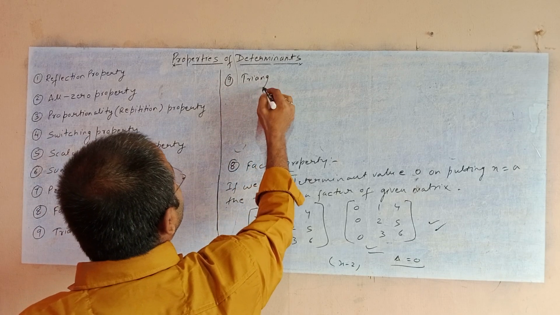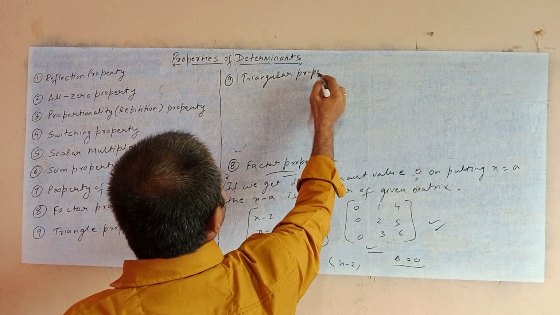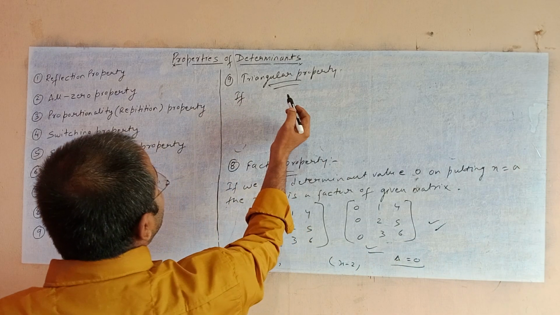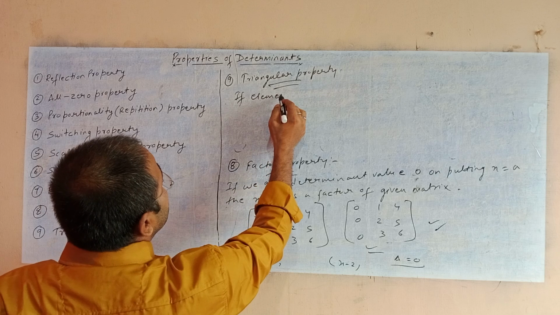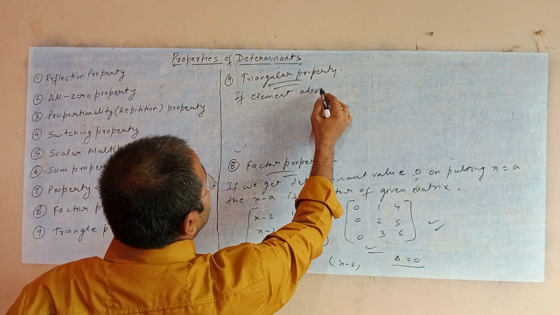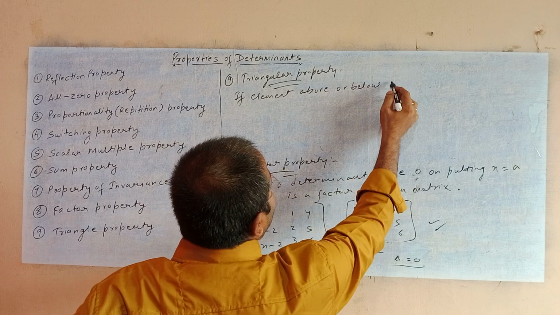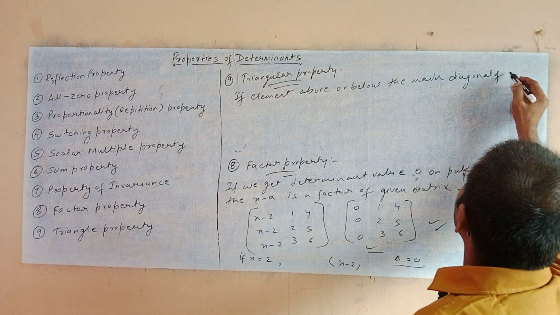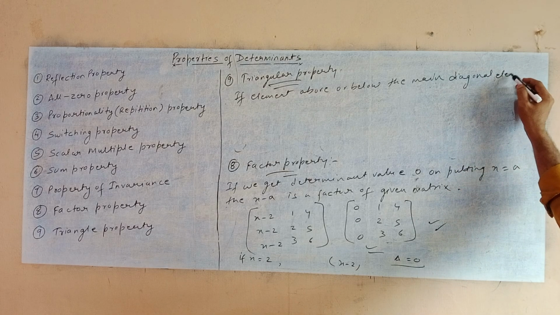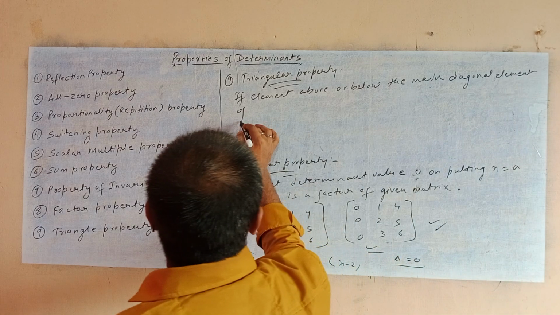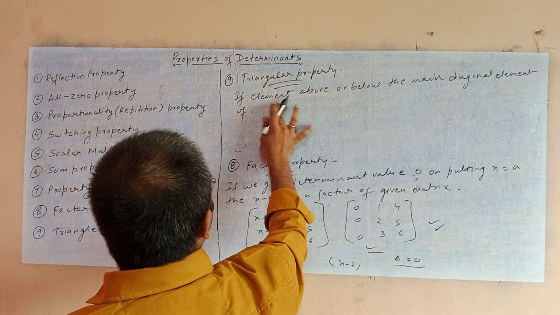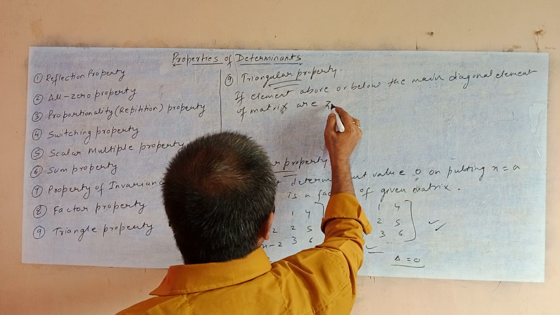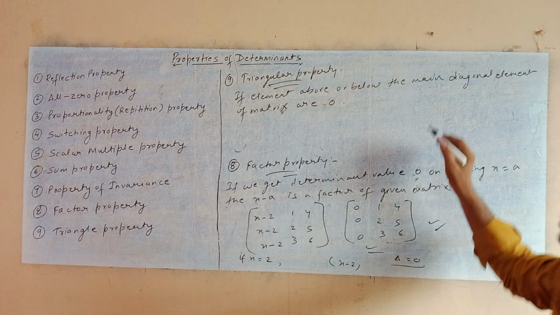Triangular property means if the elements above or below the main diagonal of a matrix are zero. Okay, suppose that we have a matrix.